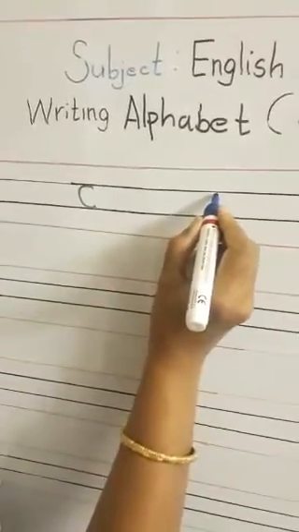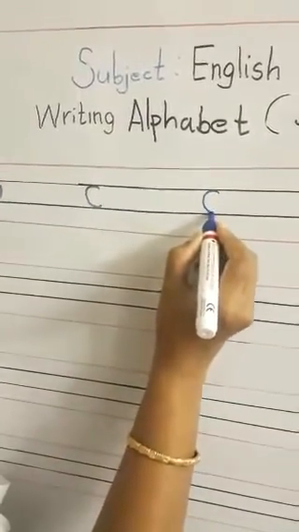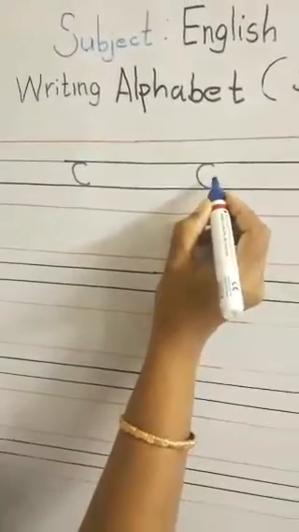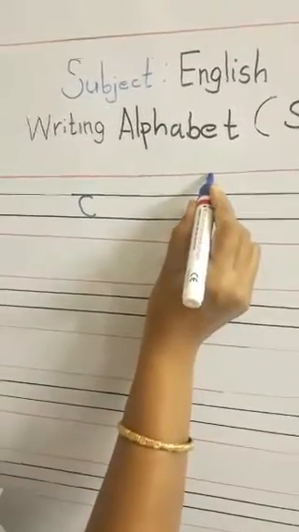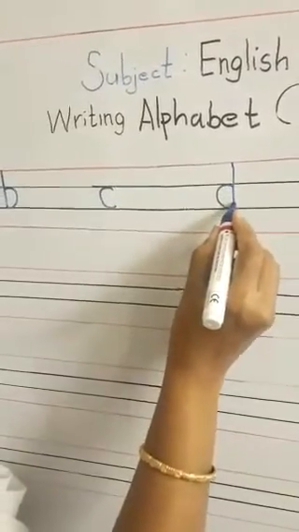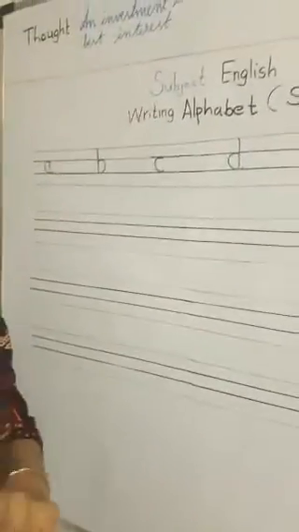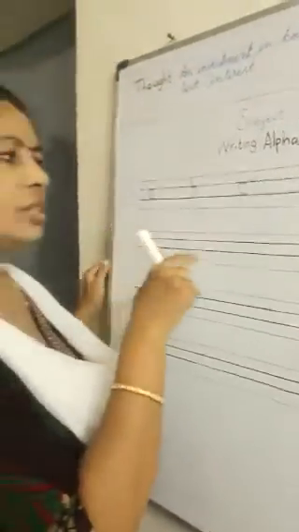So start from the middle and draw a curve to reach the bottom, and again go to the top and draw a standing line with a small curve towards the right. Okay, next letter, what? D after?